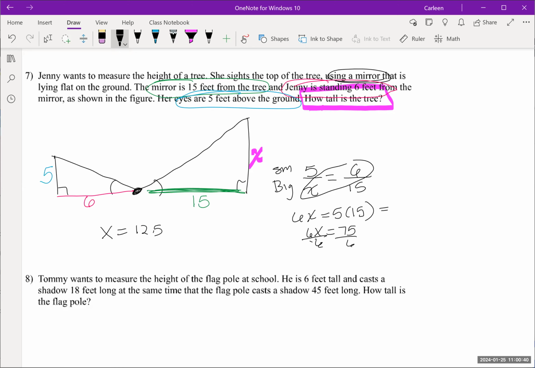The tree is 12.5 feet tall. You could take a mirror, kind of cool. If you put a mirror on the ground, and you can see the top of something, a building, you're going to be standing closer than the mirror is to that object. Pretty cool.